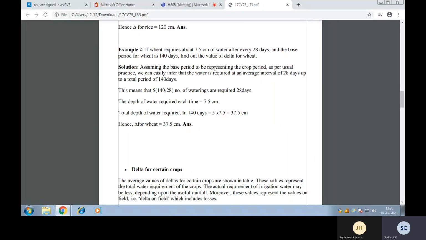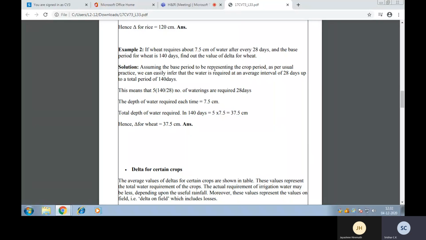So more than the duty, it is very evident to understand the meaning of delta. That is the amount of water. Duty refers to the capacity of 1 cubic meter per second, that is one discharge, whereas delta refers to the total depth of water which is very much necessary for the growth of crop.